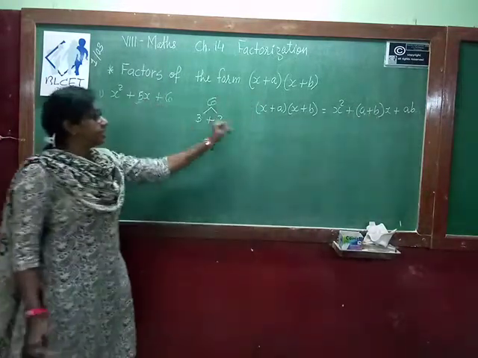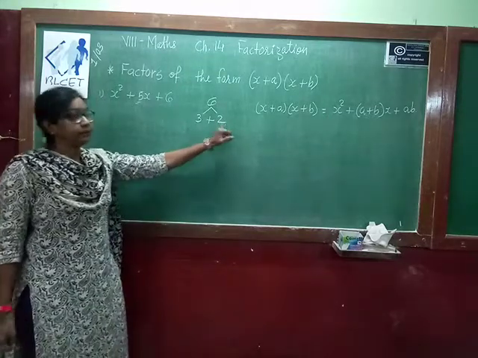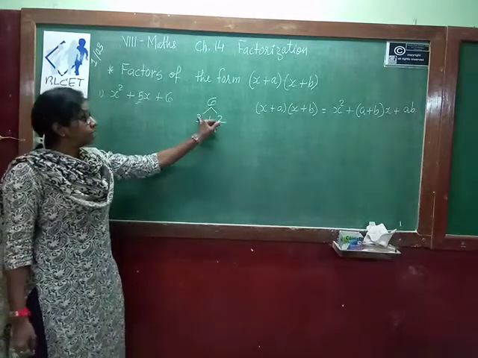If you take 6 ones are 6, 6 plus 1 will give you 7. 3 twos are 6, 3 is a, 2 is b.